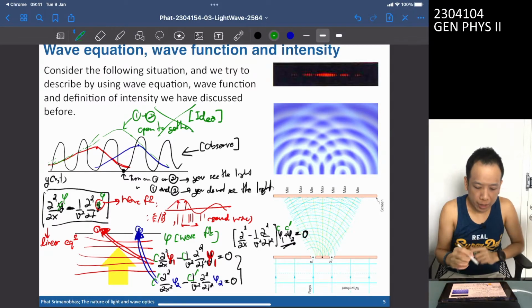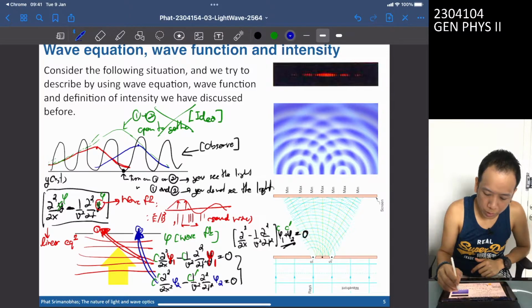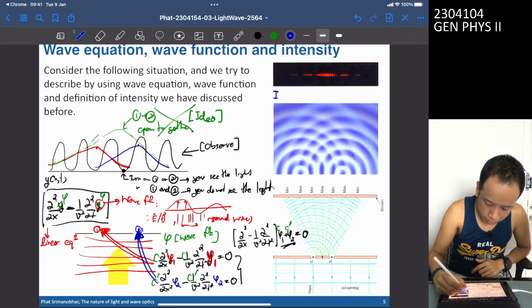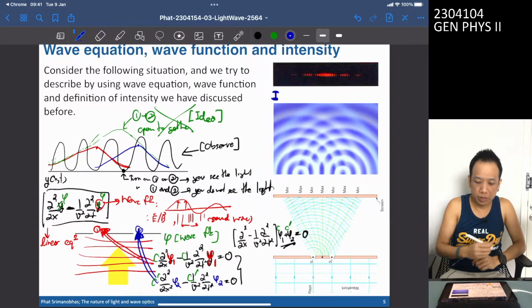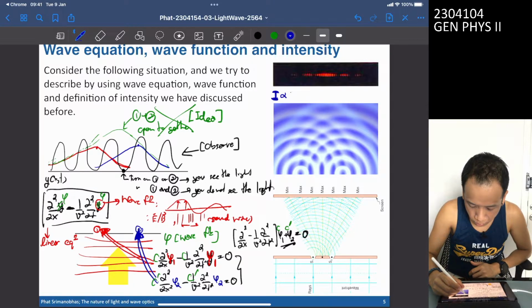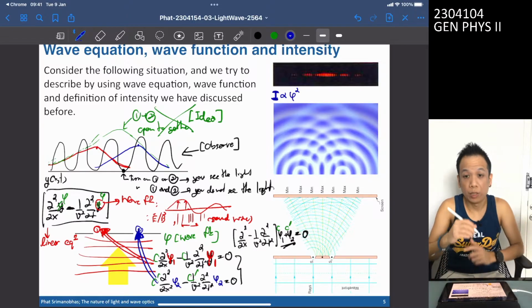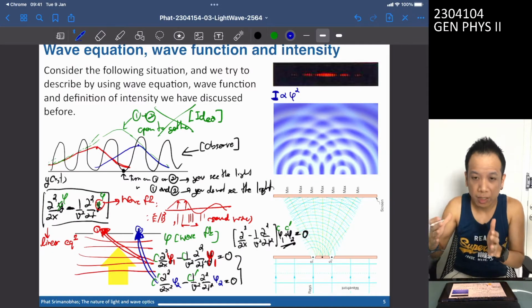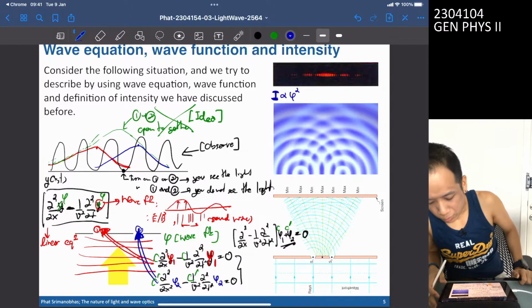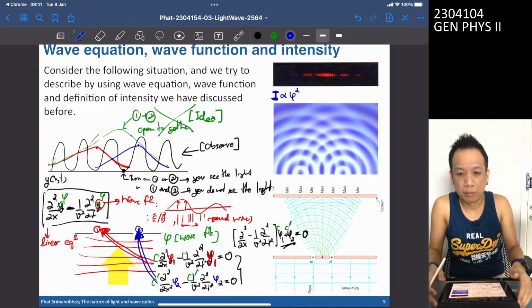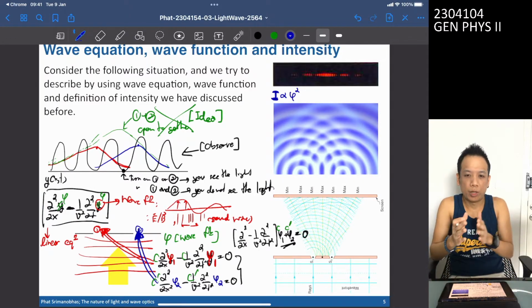The second one is the definition of what we call the intensity. Intensity is basically proportional to the wave function squared, because we need to measure the intensity. It's the energy that you're trying to detect.